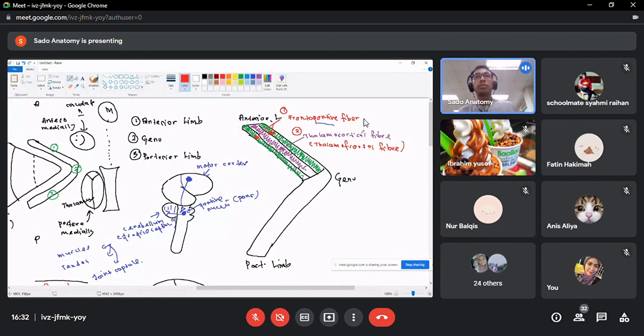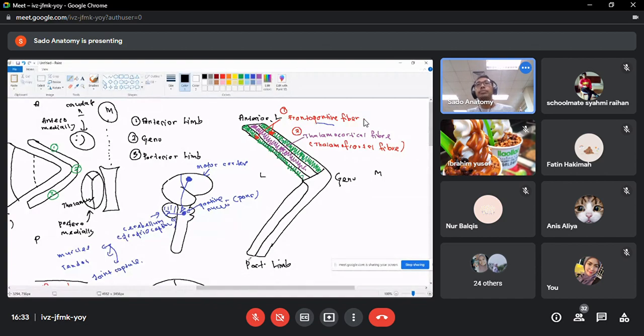Now we go to the more detailed areas, where we talk about the posterior limb and also the genu of internal capsule, class. Now I try to separate this genu and posterior limb first. As you know, this is lateral, this is medial. I separate this internal capsule like this.